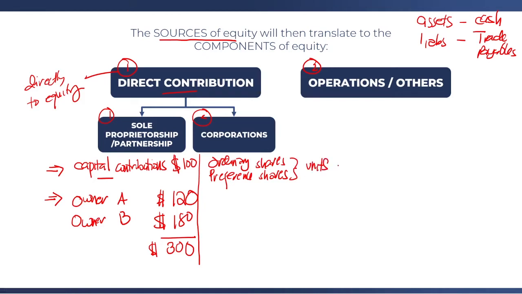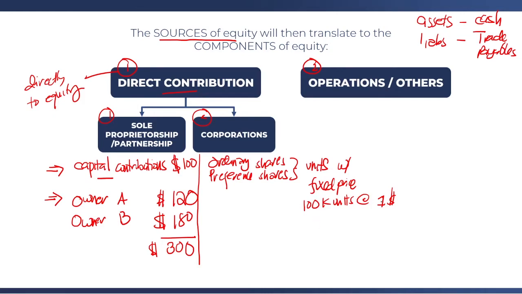And there is a fixed price for each unit. Say the business has 100,000 units. This is just an example at $1 each. So a person can buy ownership on this corporation up to 100,000 units only.